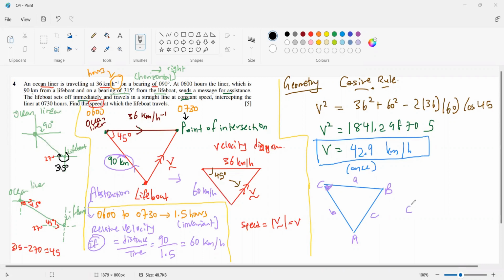With respect to C, c square is a square plus b square minus 2ab cos C. Even if it was b square that we needed to find, it would be a square plus c square minus 2ac cos of the opposite capital B. With the correct labels, it becomes easy to remember like a pattern. So a square is b square plus c square minus 2bc cos of capital A. This is the cosine rule we are using to solve the problem. All right, that's it. Thank you.